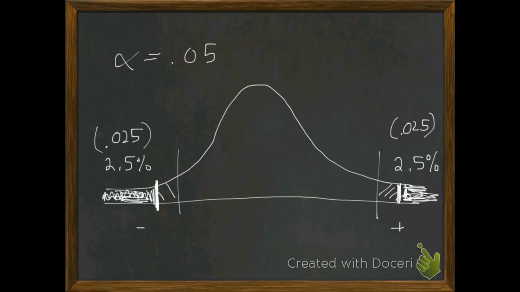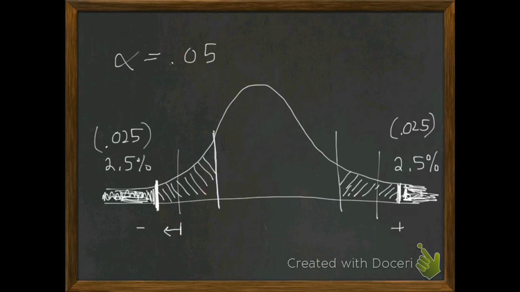When is this total area going to be below 0.05? Well, it's going to be below 0.05 when we get a standardized score from our mean, which is left of the line in the sand. If we get something over here, this area is going to be bigger than 0.025.